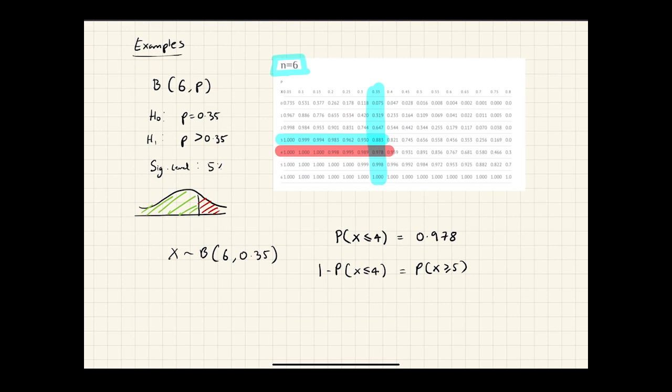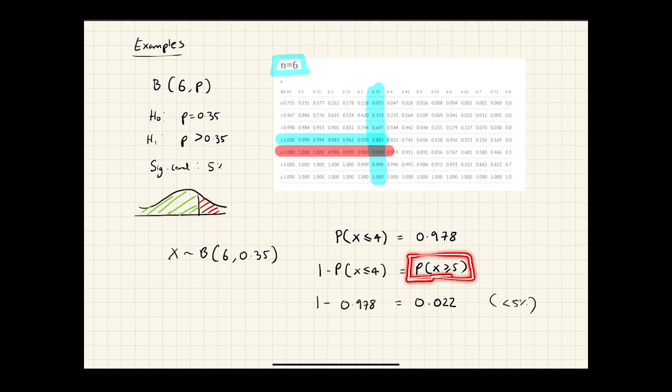So let's do that. 1 minus the probability x is less than or equal to 4, which we found is 0.978, is equal to 0.022. Now that we've seen that, this is the value at which it's less than 5%, and therefore anything which is over here, anything which is more than or equal to 5, is going to be rejected.